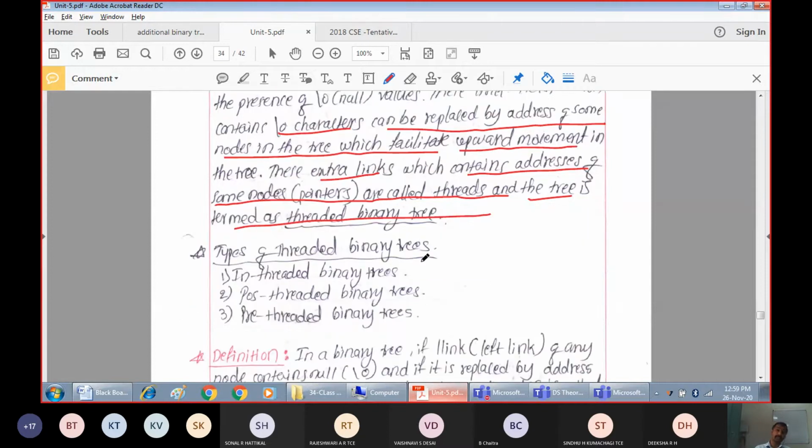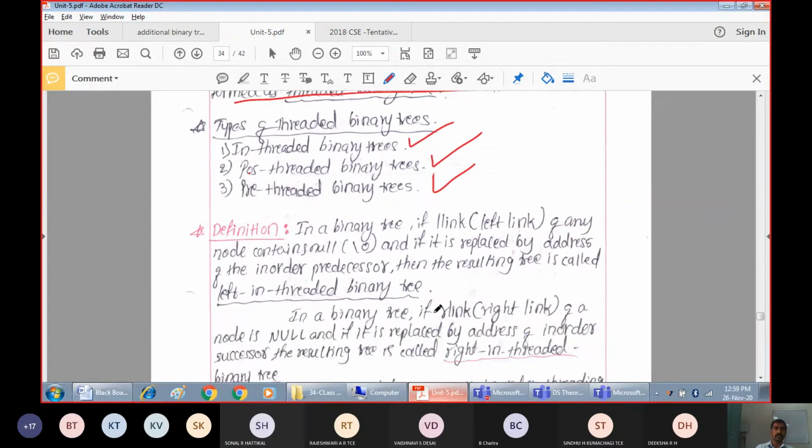There are three types of threaded binary trees corresponding to the three types of traversals. For in-order traversal, an in-threaded binary tree can be created; for post-order traversal, a post-threaded binary tree; for pre-order traversal, a pre-threaded binary tree. For everything, traversal of the binary tree is compulsory.